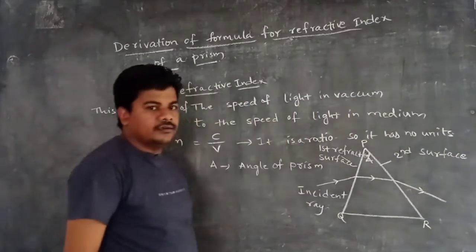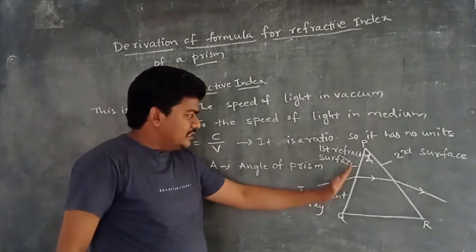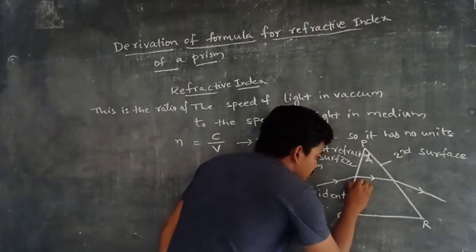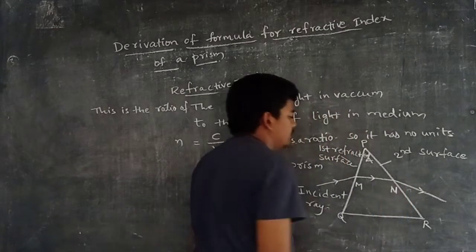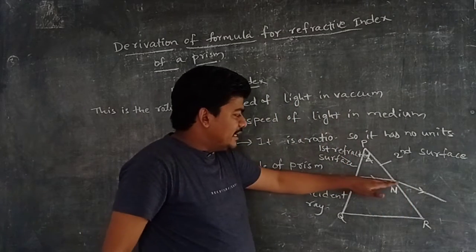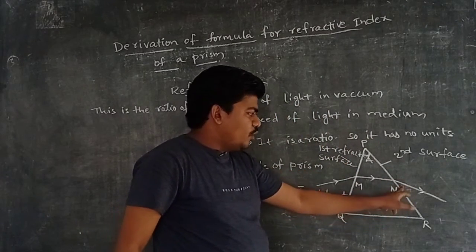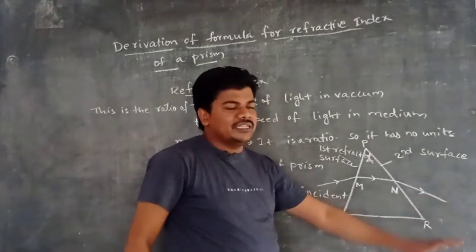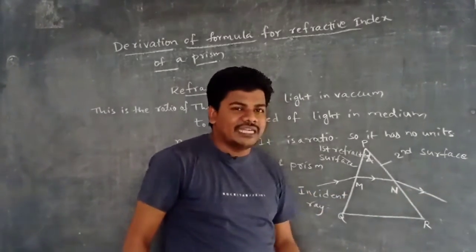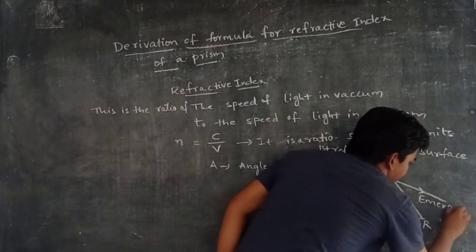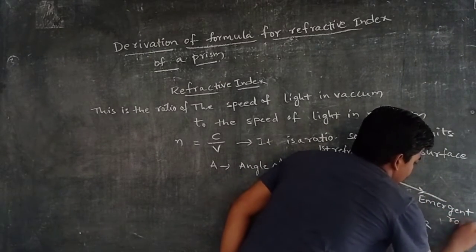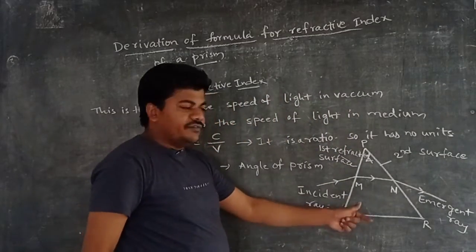The incident ray strikes PQ at point M. The refracted light ray strikes the second surface at point N and emerges. This is the emergent ray.